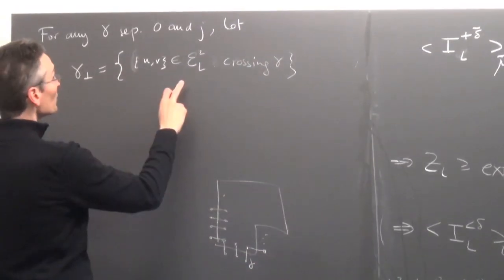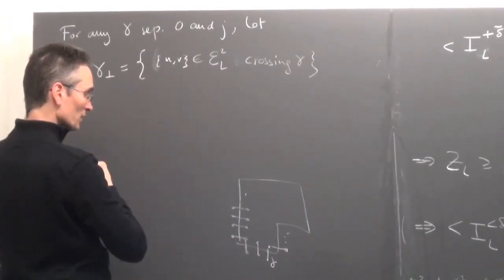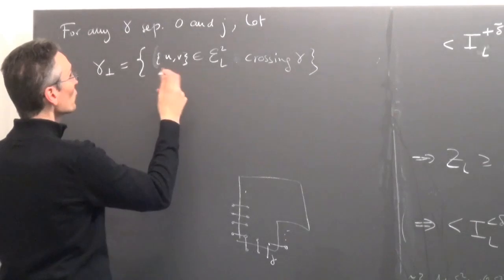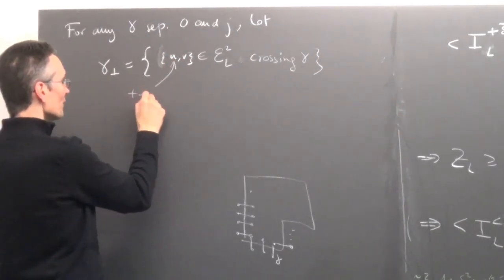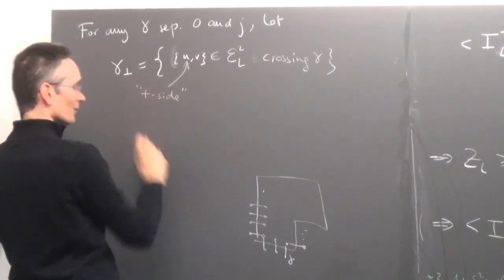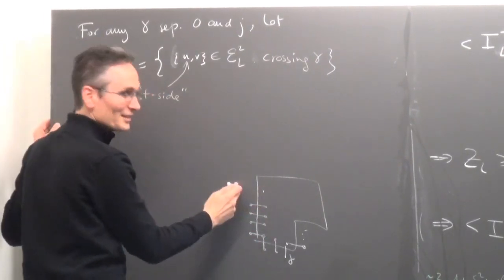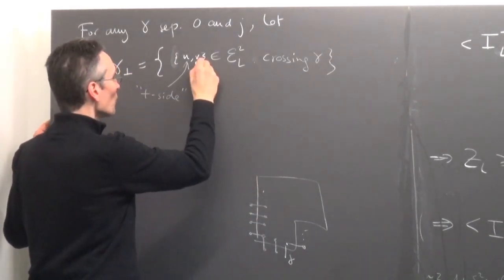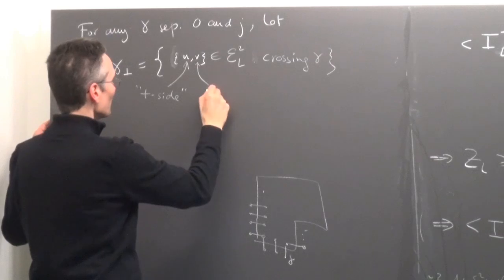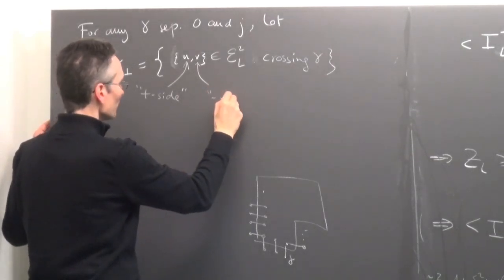Okay, and so that's what I want to denote this way, and then I will use the convention that I will always write U for the plus side. Okay, this contour gamma on one side has pluses and the other side has minuses. So I will use U for the one which is on the plus side and V for the one which is on the minus side.